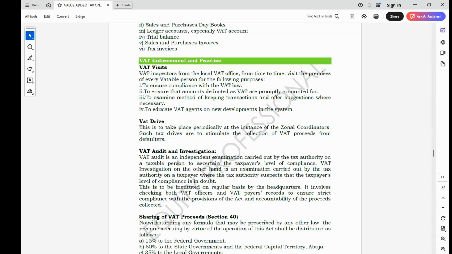They can also carry out what is called VAT investigation. Investigation is carried out when they suspect that the vatable person is engaged in evasion of VAT amount, when they suspect that you are engaged in fraudulent activity in relation to the vatable amount.